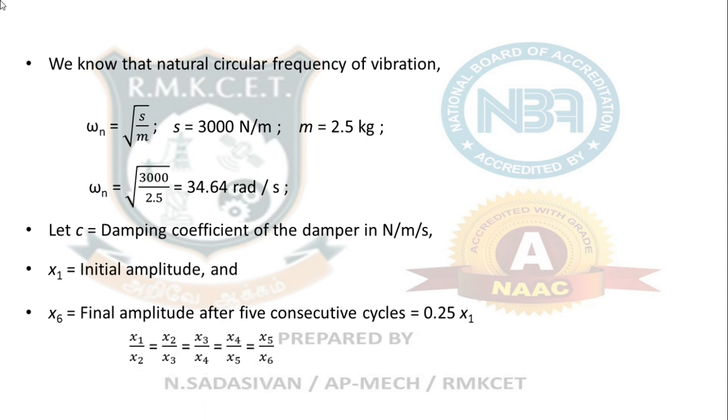Okay. So this I already told you when I was talking about the derivation, logarithmic decrement. Whenever you say logarithmic decrement, it means the ratio of successive amplitudes is constant. First and second cycle, second and third, third and fourth, fourth and fifth, everything is constant. Same value you will have for all the successive amplitude ratios.